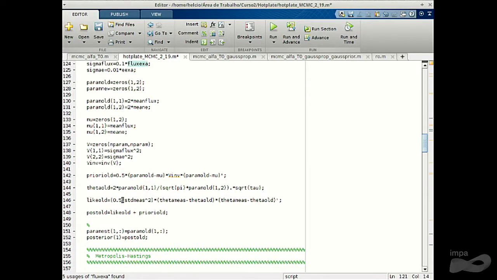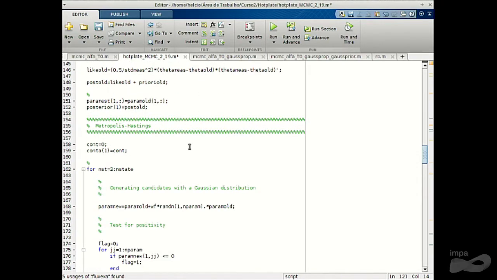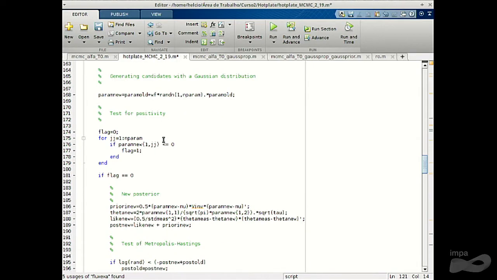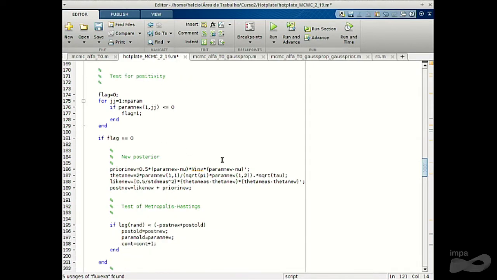And so I have the prior, I have the likelihood because I have the estimates of the temperature at the first state of the Markov chain. And I go for the Metropolis-Hastings as we have seen before, Gaussian proposal. So I compute the new posterior.